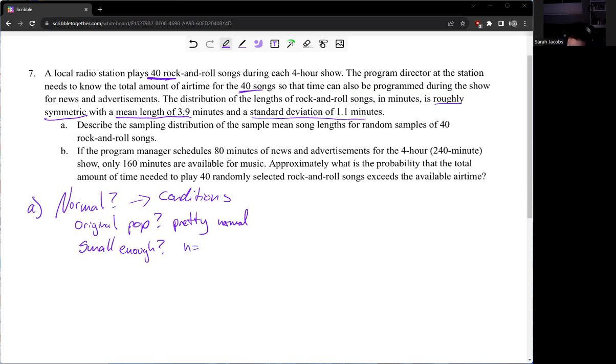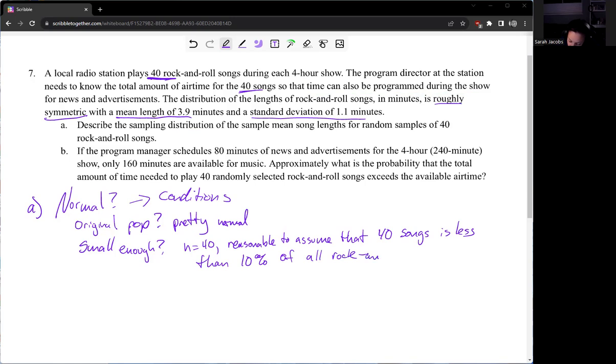So our n is 40, and it's reasonable to assume that 40 songs is less than 10% of all rock and roll songs. And again, it's tedious, but context, context, context.